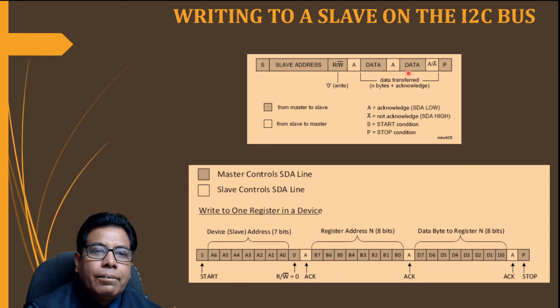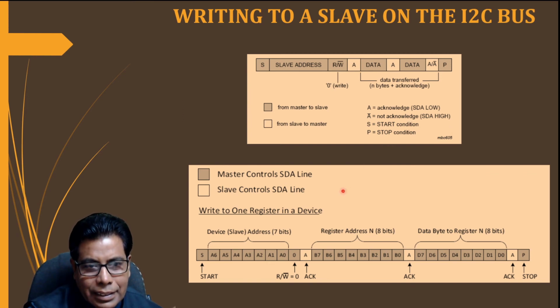Then again it will have 8-bit data, and here we have not acknowledgement, that is A bar is shown, and last is P, that is for the stop condition. So this is how the writing of data will take place from master to the slave.